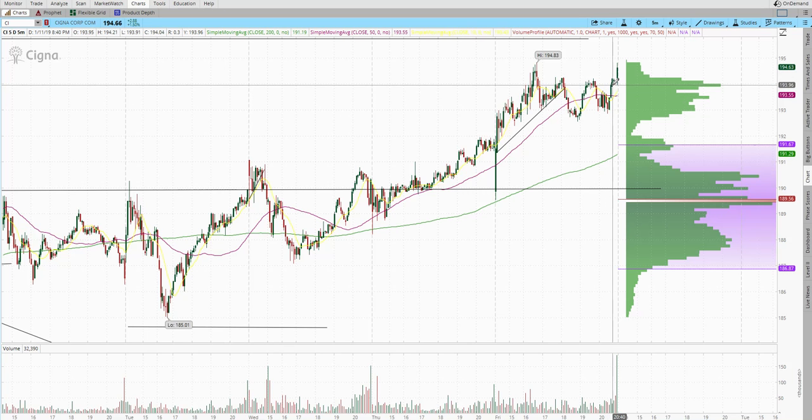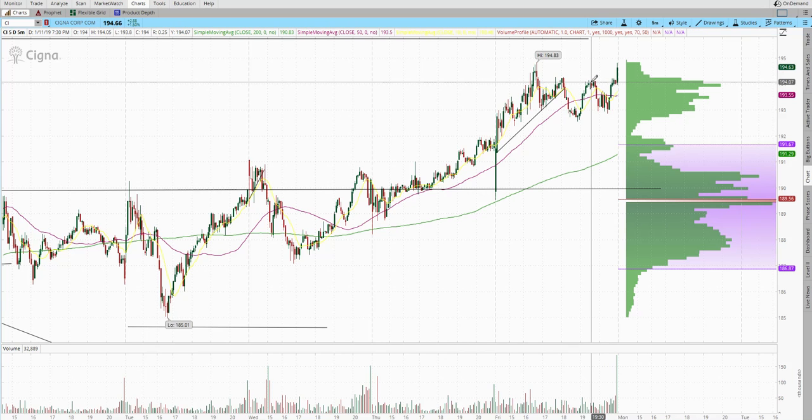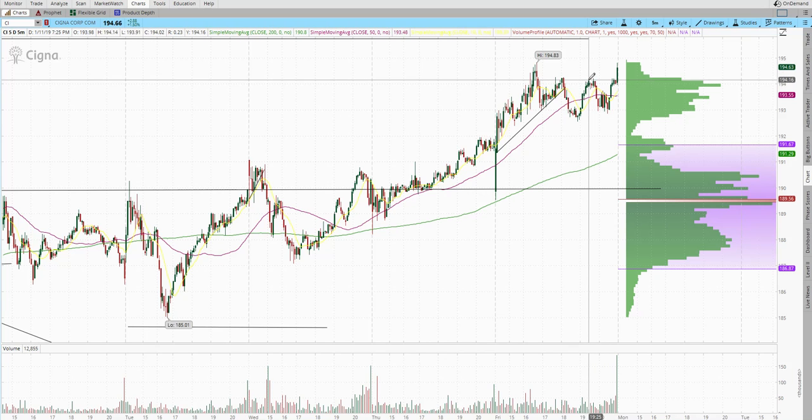And so I exited at, let's see, 245, which is at around here. As it pressed up into that 194 level, I exited right here for 267. So I think that was a fairly decent trade.